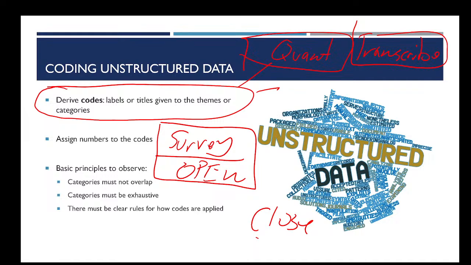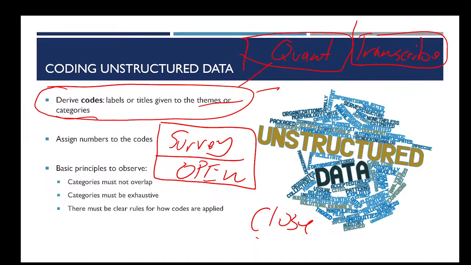Then you have to break each of those statements into sets of codes, meaning labels or titles given to themes or categories. Let's say someone was doing public opinion research and asked, could you tell us in your own words your opinion of Mark Carney? The average Canadian is probably like, who dat?